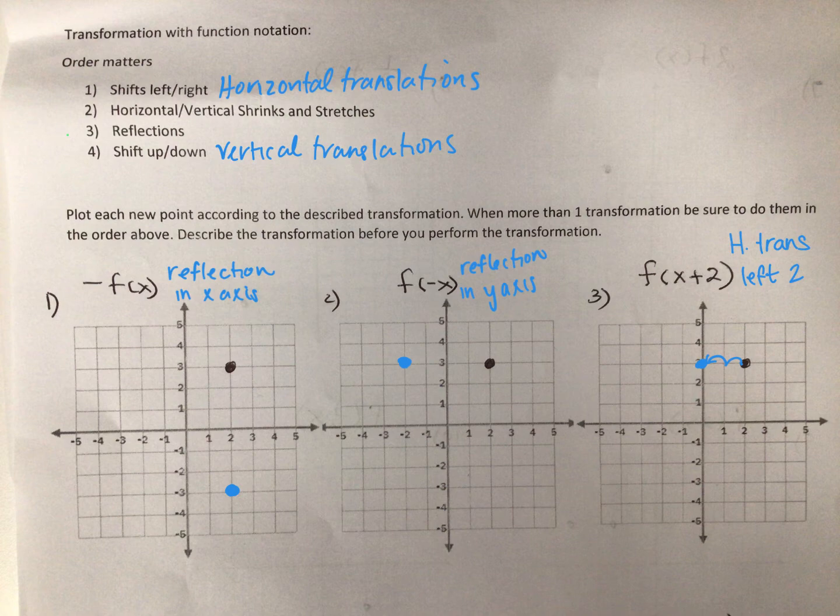Because it's opposite. Remember when we did it yesterday, we put in +2 and it went to the left? And when we did -2, it went to the right? Horizontal is always opposite of what you want it to do. You want +2 to go right, but horizontal is that kid that always defies you and it's going to go the other way. So it's going to go left instead.